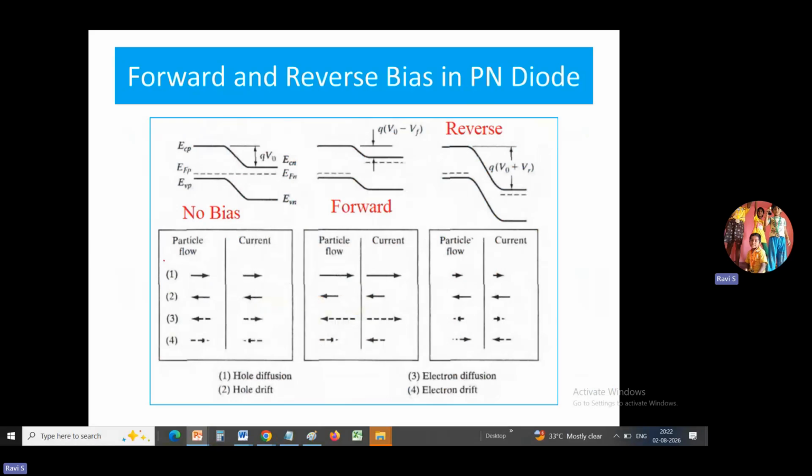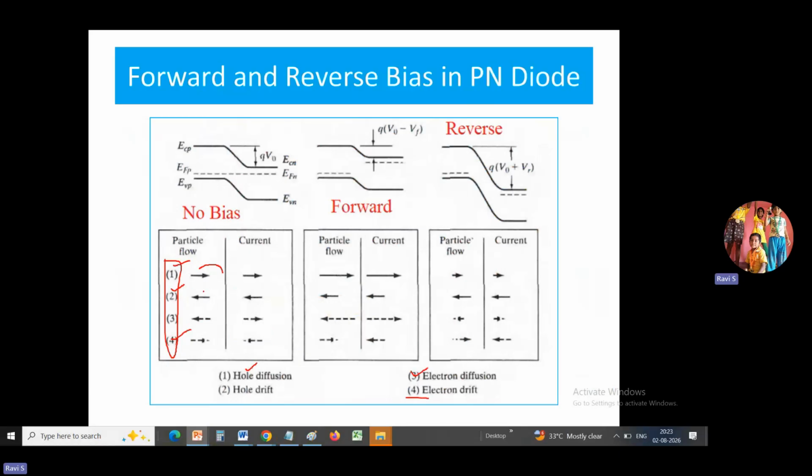If you consider the particle flow here, the first one denotes hole diffusion, the second one denotes hole drift, the third one represents electron diffusion, and the fourth one represents electron drift. Here, hole diffusion is taking place from the P region into the N region.